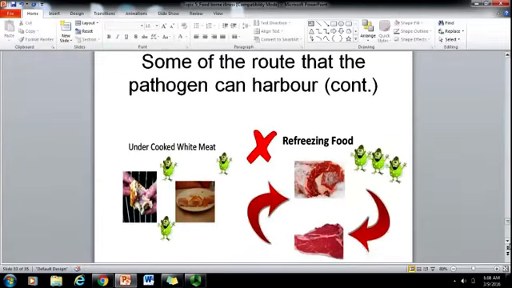And during food preparation, if you cook meat undercooked, and with the thawing and refreezing of food, this is the most crucial, because thawing can lead to the multiplication of pathogens. But if you refreeze the food, it is actually more hazardous than freezing the food in the first place.